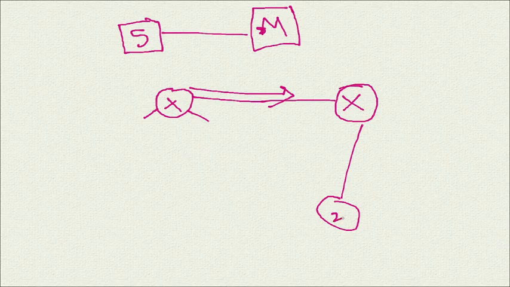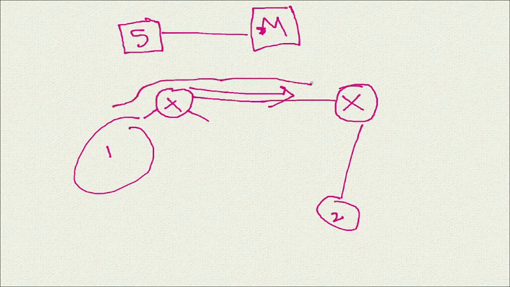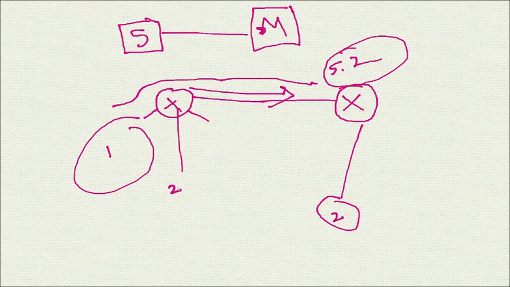Here it is the 2.1 network, here it is the 1.1 network, here it is the 1 network, here it is the 2 network, and it is configured via this network to reach 5.2. Here I configured the router. If you want to reach the 2 network, you send the request to 5.2, so I configure this router to go to this network.